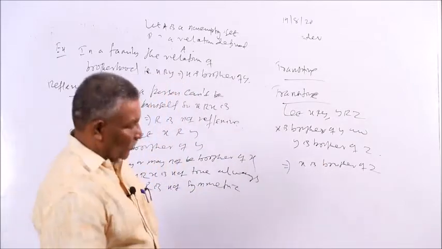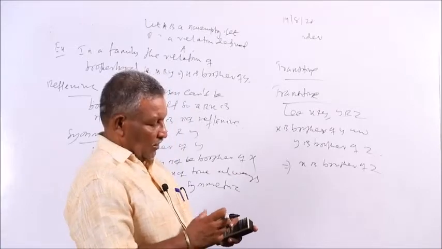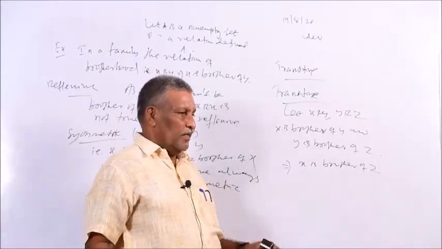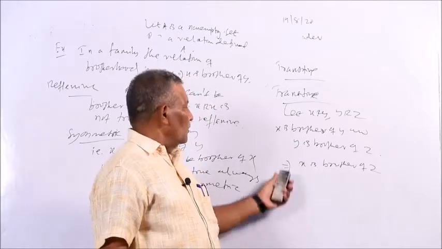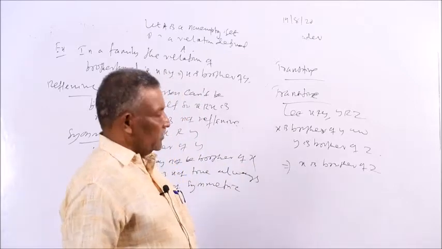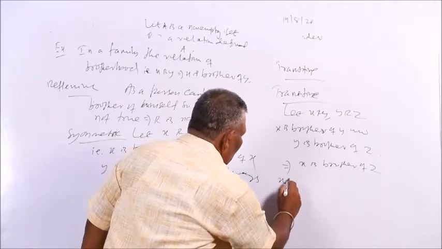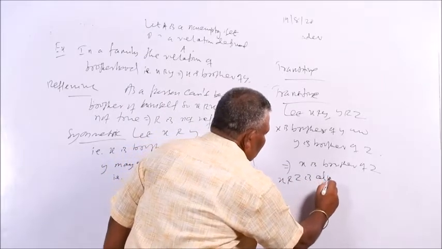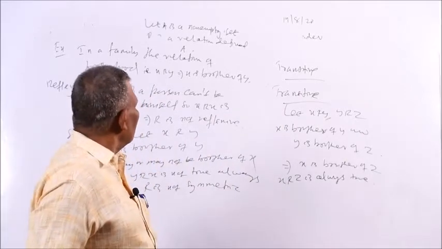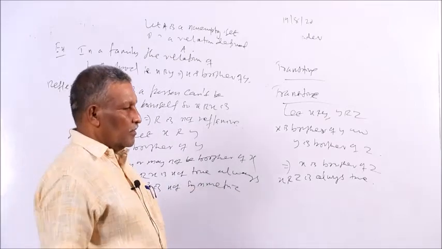Because if x is brother of y, then x must be a male person, and y may or may not be male. But from our second point, y is brother of z, so y must be male. We are not interested in whether z is male or female, still x is brother of z. So x R z is always true. So the relation of brotherhood over a family is neither reflexive nor symmetric but transitive.